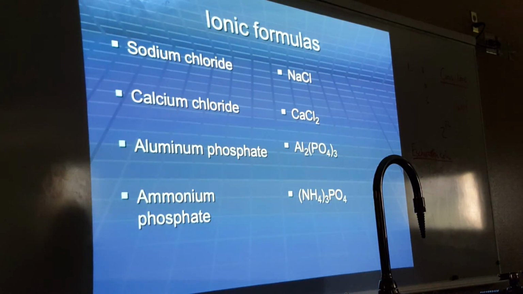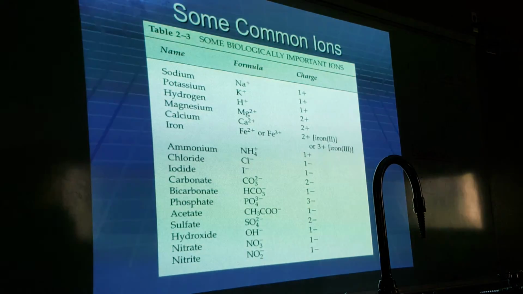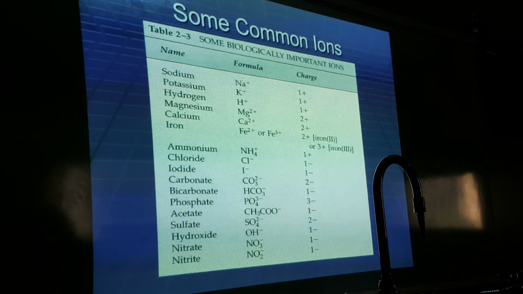What about, let's think of another one, what about aluminum sulfate? What's the charge on sulfate? Anyone know? Well, you go back to that and look, and the charge on sulfate is -2, so if you've got aluminum sulfate, what are you gonna have to do?